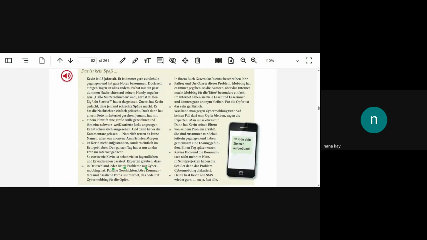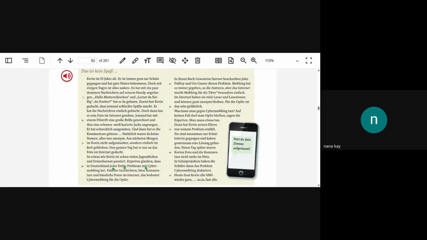Falsche Geschichten, böse Kommentare und hässliche Fotos im Internet. Das bedeutet Cybermobbing für die Opfer. In ihrem Buch Generation Internet beschreiben Sarah Genner und Urs Gasser dieses Problem.